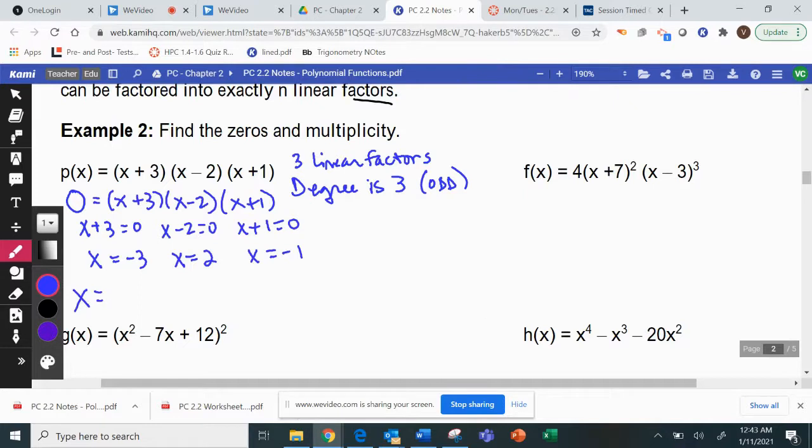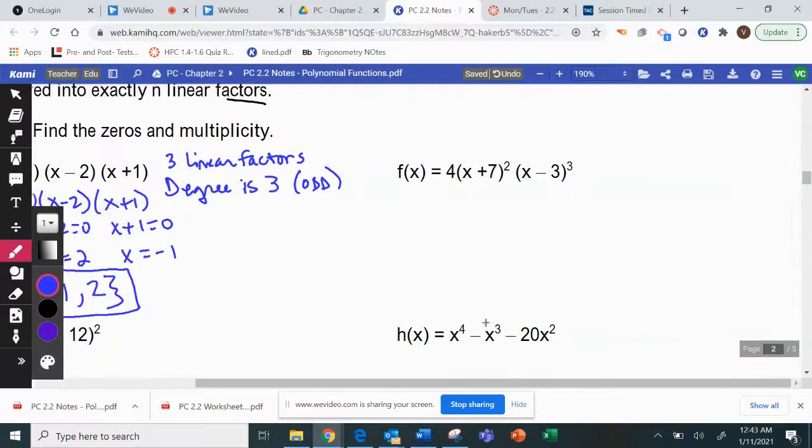I am going to put the zeros in order from left to right, from smallest to greatest. So -3, then -1, then 2. And there is no multiplicity. Multiplicity would be if some of these answers happened more than once. But we're going to see that in the next question.